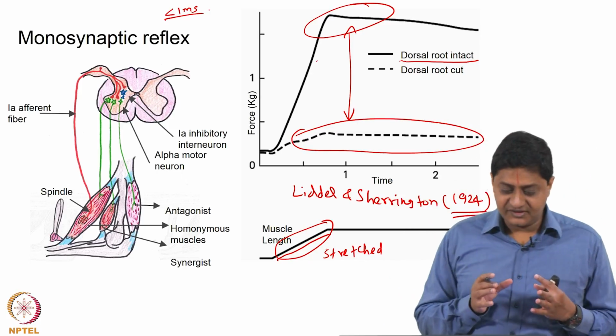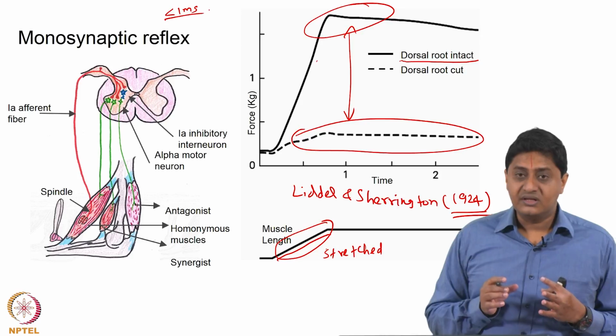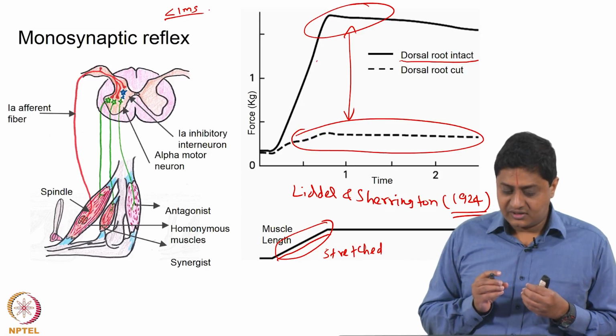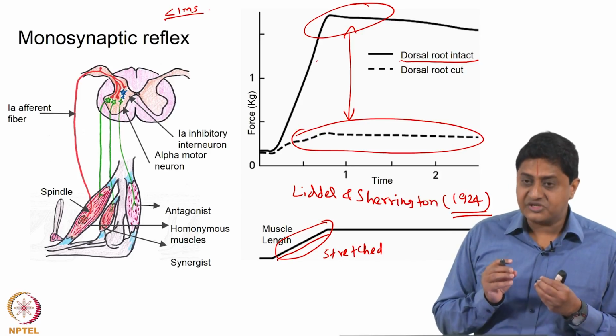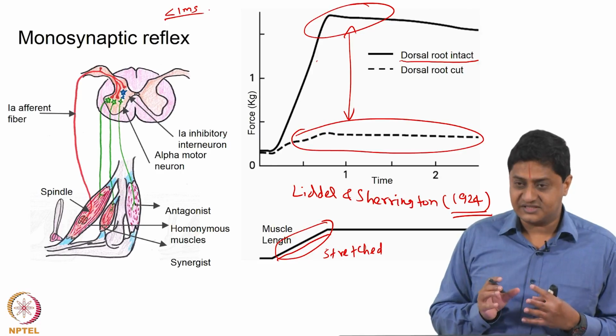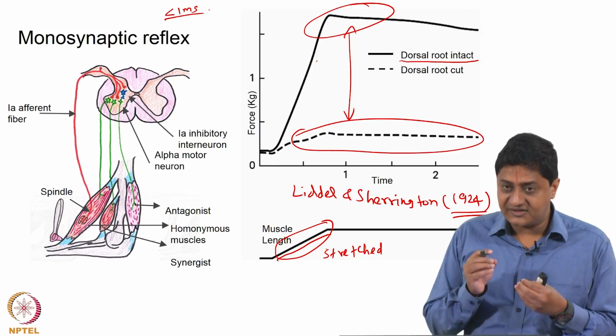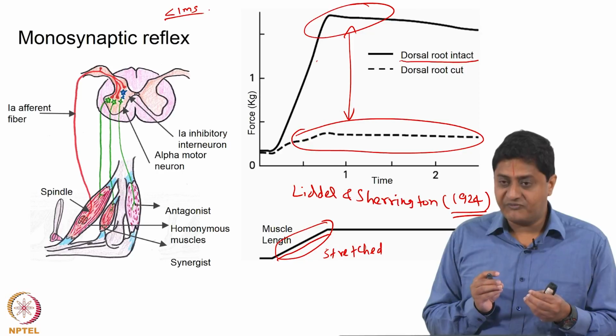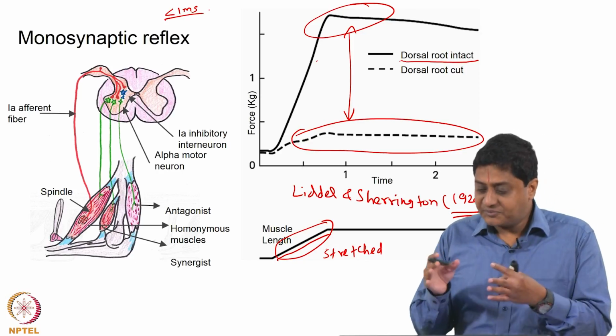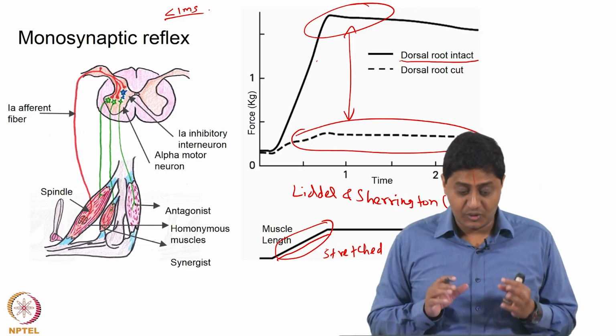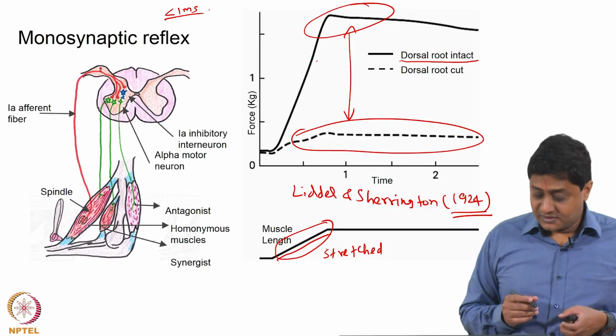Many of these things are found through accurate measurements of latencies. By computing these latencies, we are able to come up with how many synapses are involved in this process. This is how it is done.